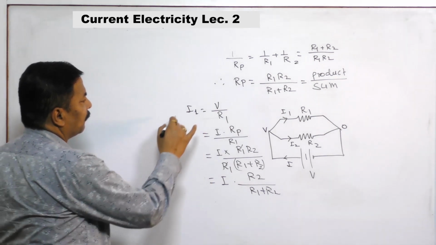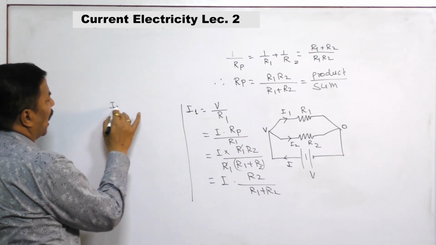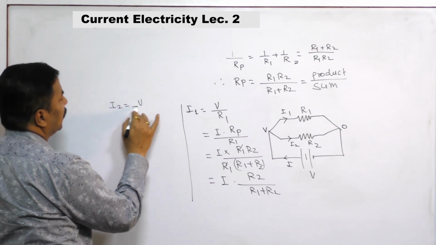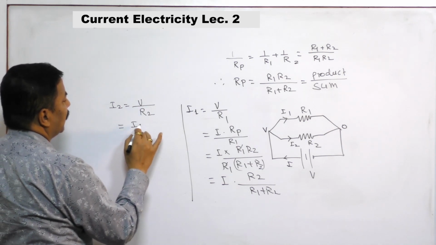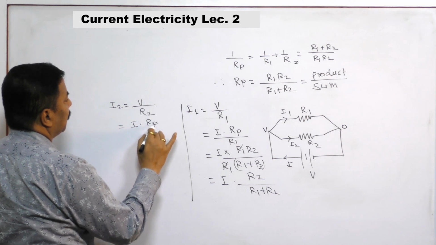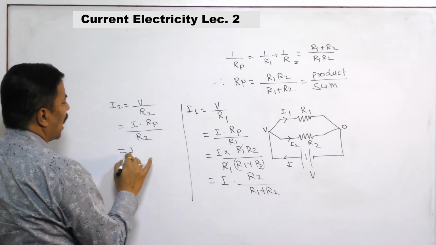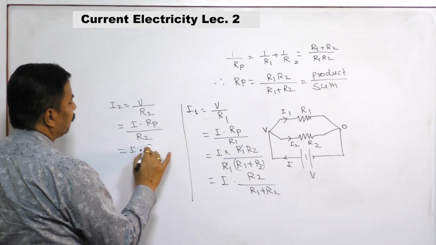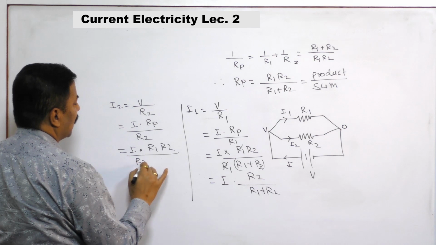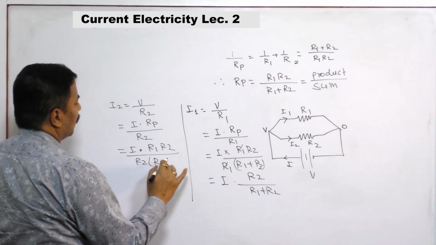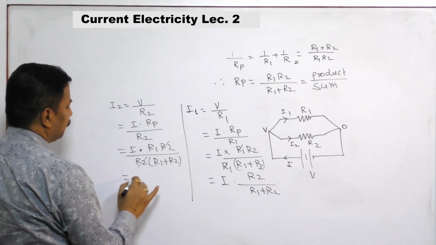Similarly, we can find I2. I2 is equal to V by R2. V is I into Rp by R2. This is your I into R1 R2 by R2 into R1 plus R2. R2 will cancel.